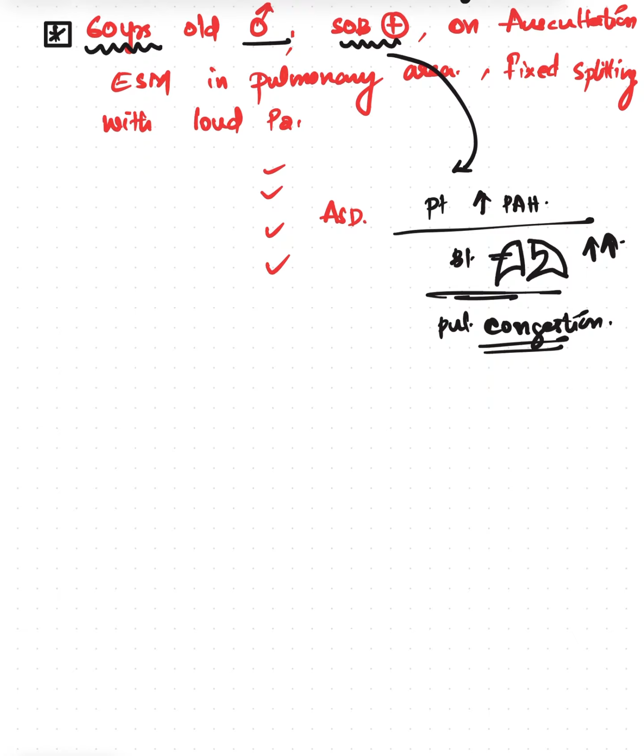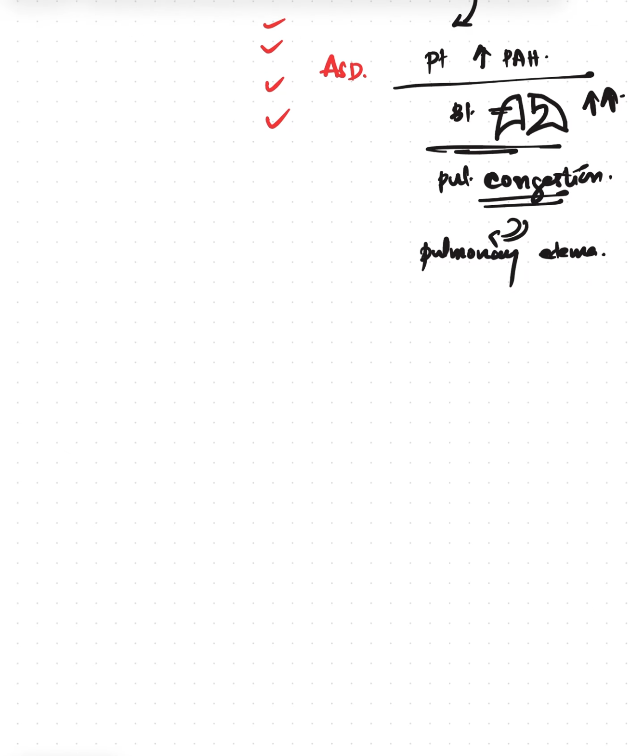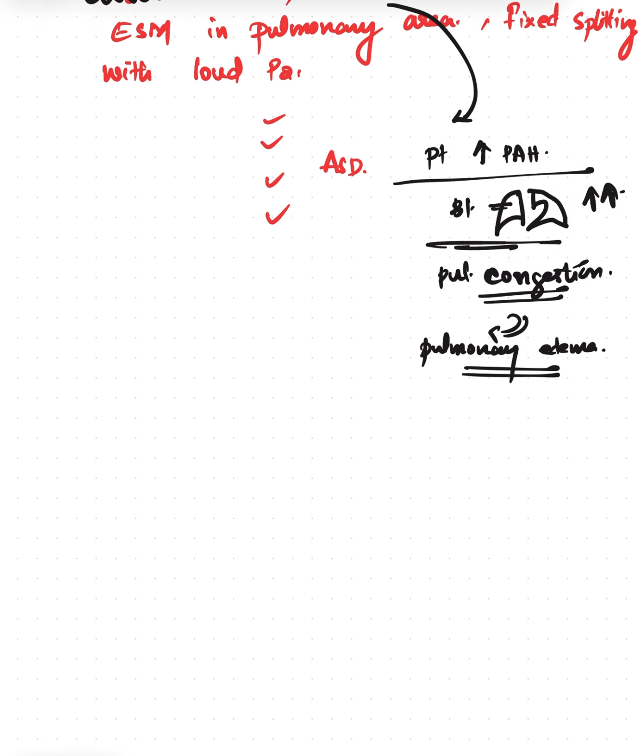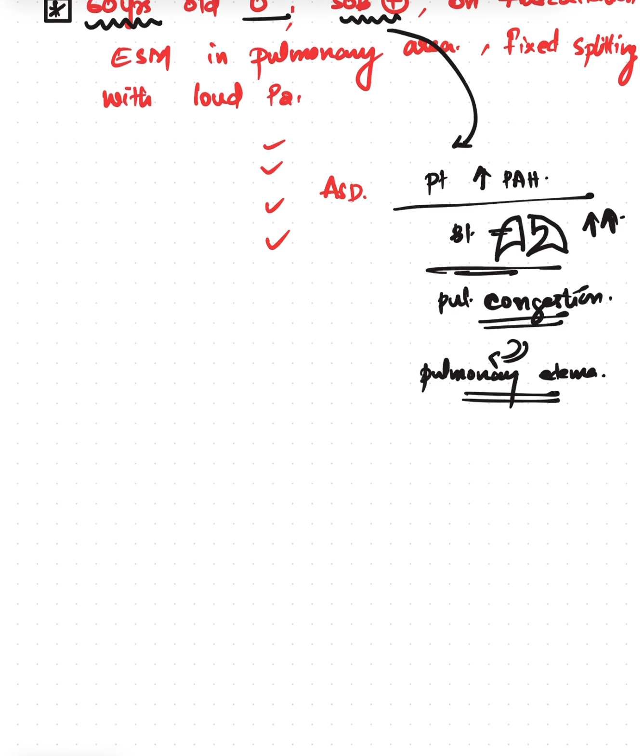If we go beyond that, it further leads to pulmonary edema. There are a lot of findings that you could find for pulmonary edema in the chest X-ray. So this congestion, or increased blood supply, causes shortness of breath in the patient.